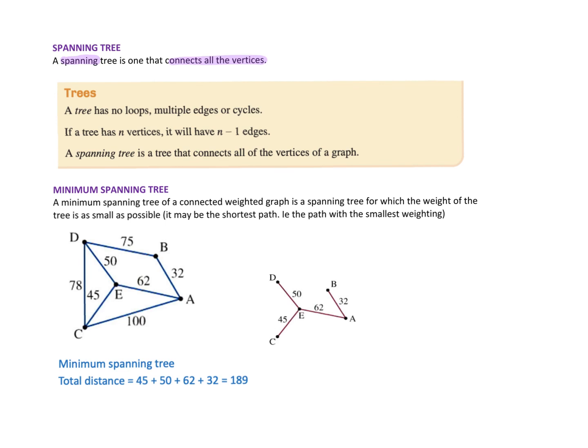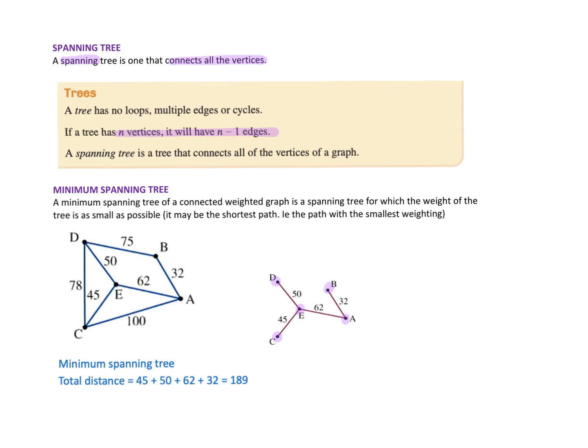Here's an important fact: if you create a tree with n vertices, it will have n-1 edges. For example, this tree they've taken out of this subgraph down here has 5 vertices.